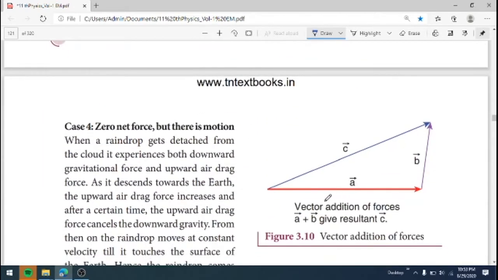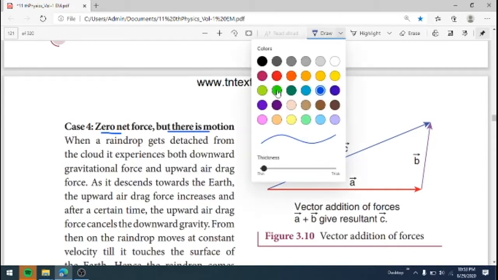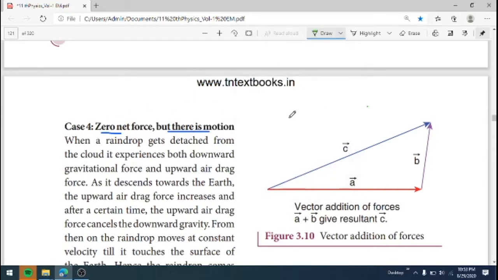Coming to another important concept, that is zero net force but there is motion. We know so far that if a force acts on an object, it would experience motion, or that force only causes motion, isn't it?